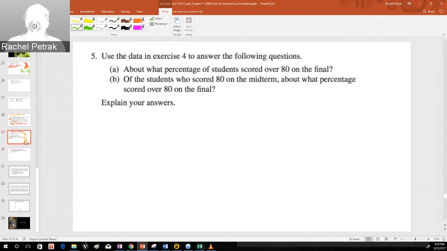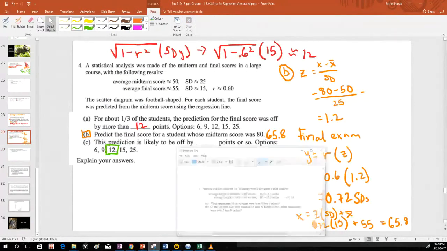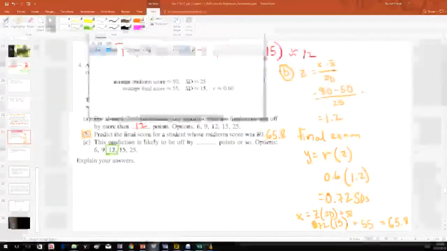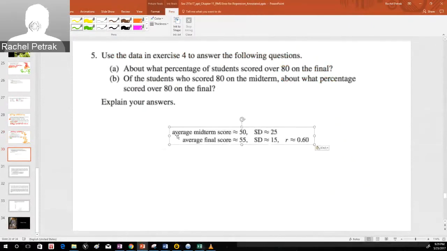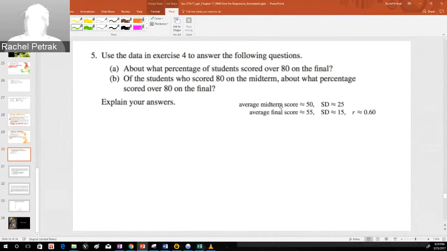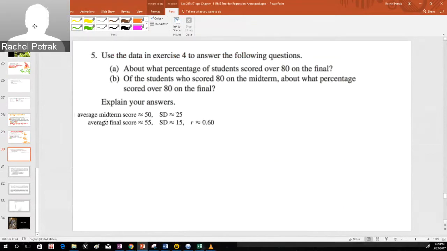We're going to need these data, the average final score. So there's our data from exercise 4.